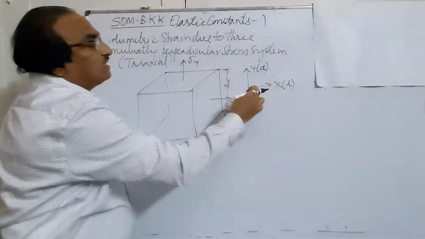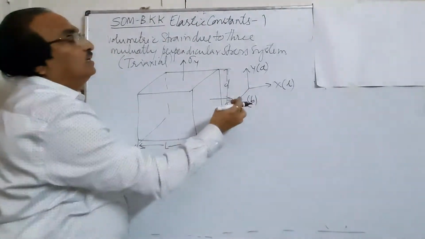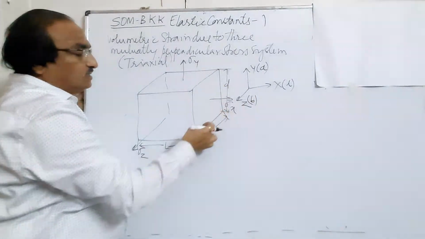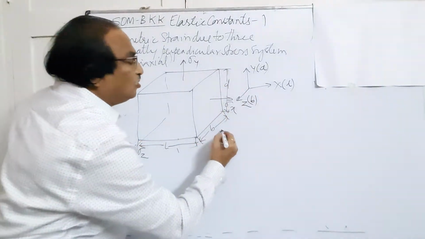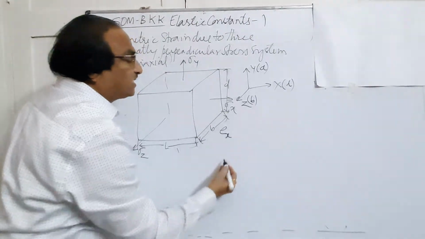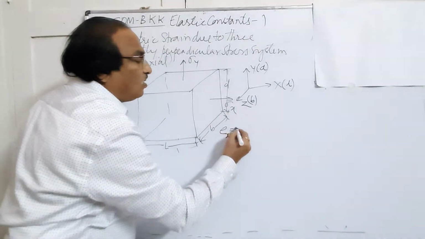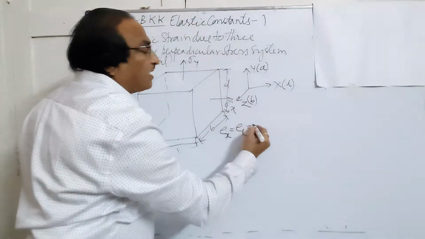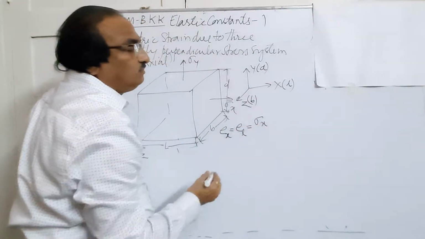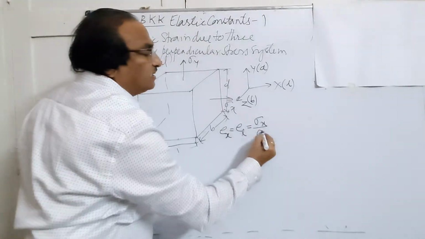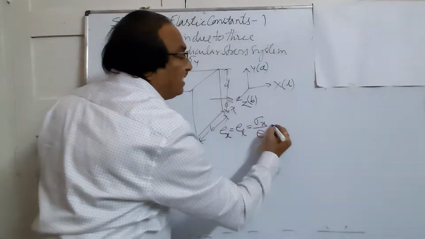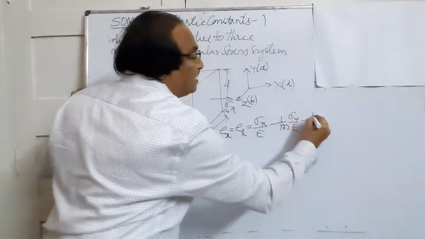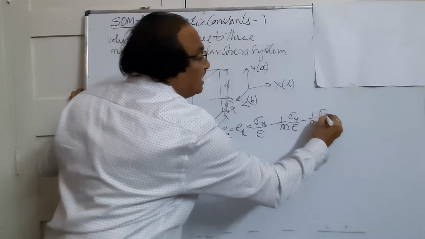This is the x direction, meaning the length direction. This vertical is D, the depth, and this inclined one is the width of the rectangular member. If I want to find the strain in the x direction, or the strain in the direction of length, both being the same, then it is sigma x divided by E, strain being stress by E, minus 1 by m sigma y by E minus 1 by m sigma z by E.